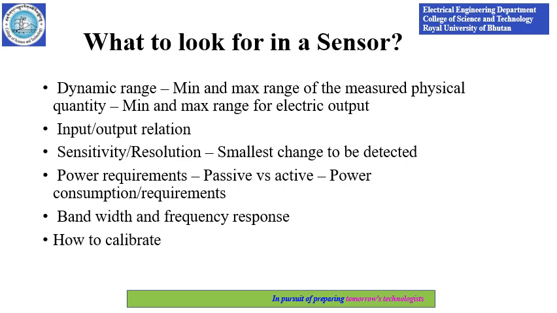The last thing we need to see is how to calibrate the sensor, right? There will be different conditions for the sensor to be used. So for every condition, the sensor needs to be calibrated to be measured in those conditions, right? So you need to see how to calibrate the sensor for different conditions.